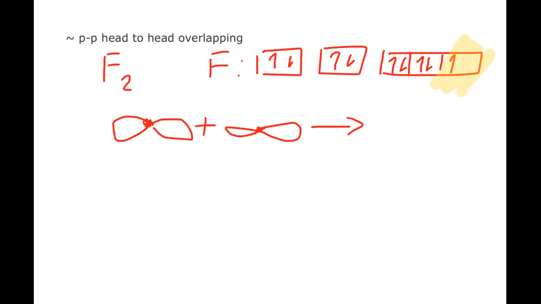So when they combine together, these are the two nuclei, and this is the structure for the PP head-to-head.